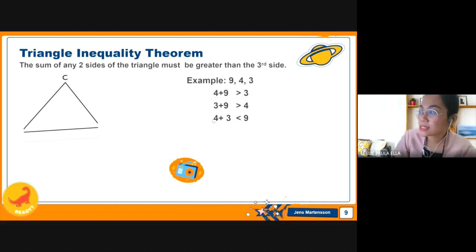Because 4 plus 3 is less than the third side, which is 9. So meaning to say we are not able to form a triangle using these sides. Okay?